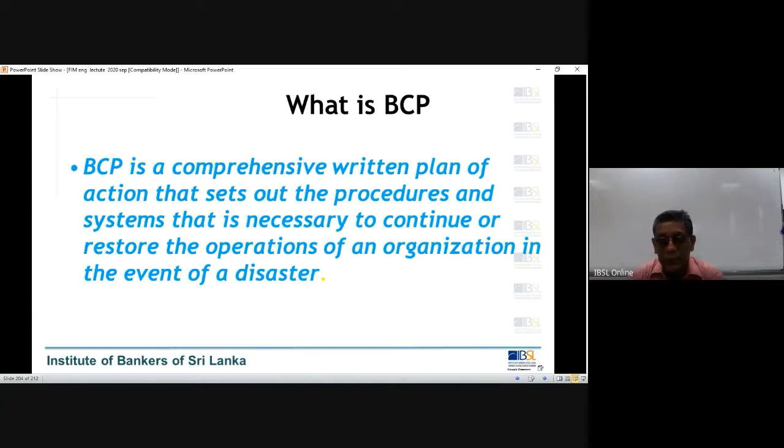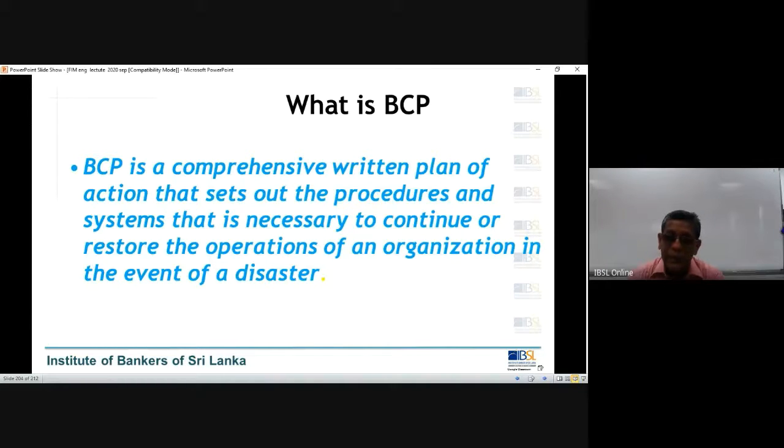Now, what does BCP mean in circumstances like that? How quickly can you bring the operations of the Kaduwela branch back to normal banking operation? The set of procedures and systems to bring your Kaduwela branch back to normal operation is called the BCP plan. I just gave an example, right? Now, a classic example.